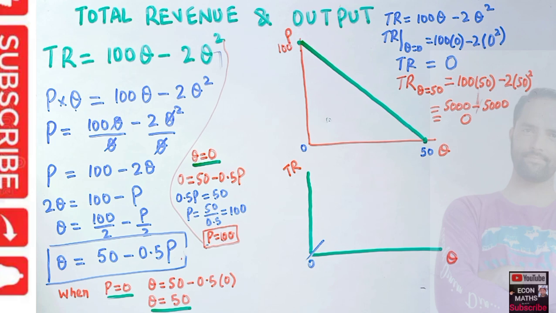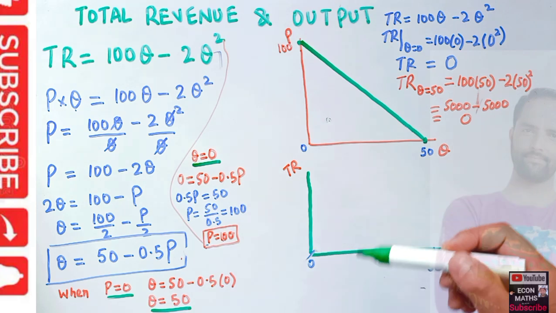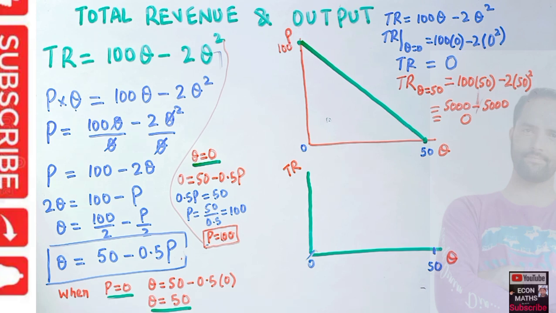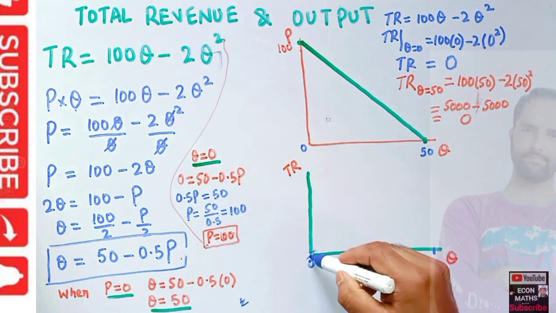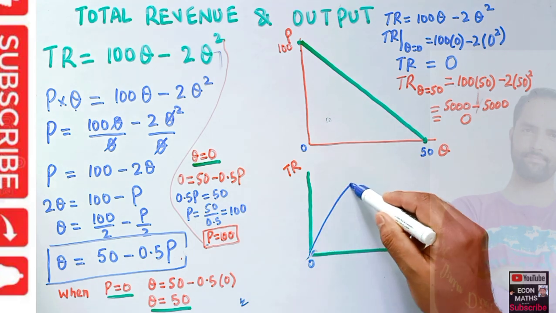So corresponding to this, if I draw this point here, when output was 50, our total revenue was also 0, and the graph of this quadratic function is inverted U-shaped, and it will look like this. Let me show it to you with this color. So it will look like this.